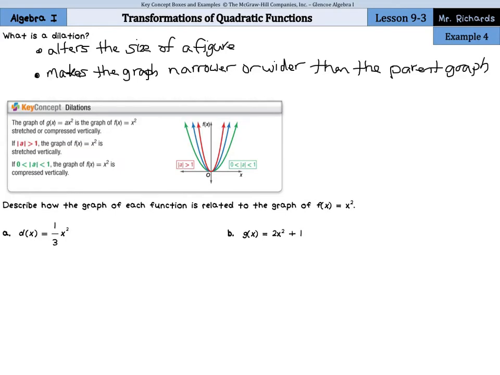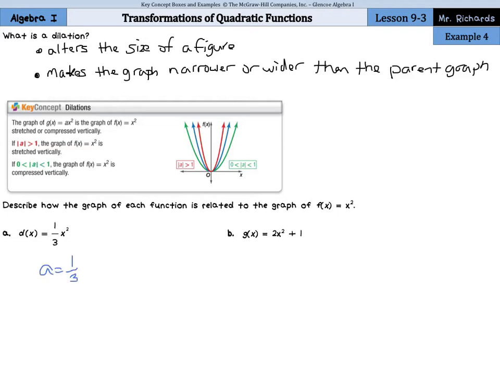And you can see in our key concept box where the blue is the original, when a, this number here or here, is greater than 1, it is stretched vertically, and you can see how that gets stretched vertically. If it's between 0 and 1, like it is in example A, it gets compressed vertically, which is our green graph there. So describe how the graph of each function is related to the parent function f of x equals x squared. Well, here we have our a being 1/3.